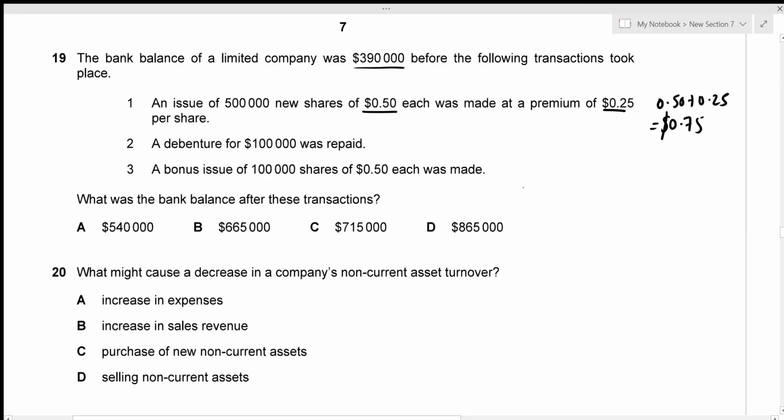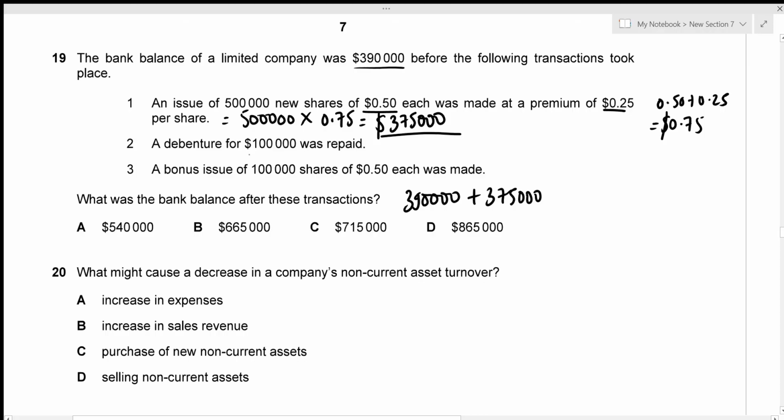Now the total value of the share issue is going to be 500,000 into the rate at which the shares were issued, which is 0.75. So the total value is going to be 375,000. So this increases the value in the bank balance. So I'm just going to add it, 390,000 plus 375,000.